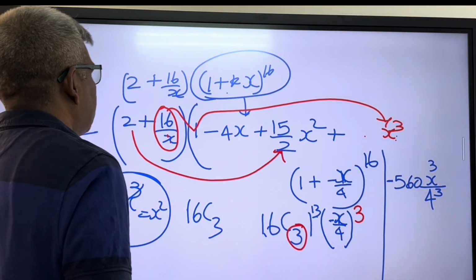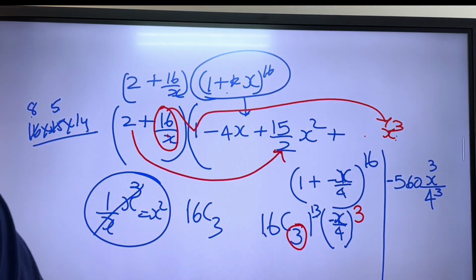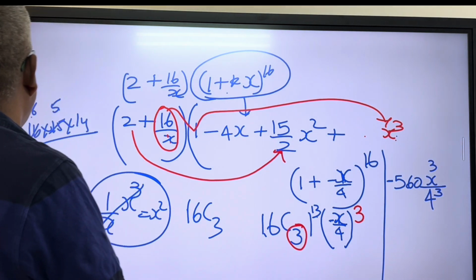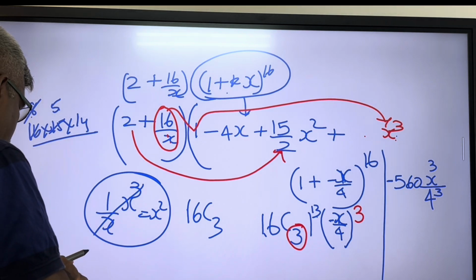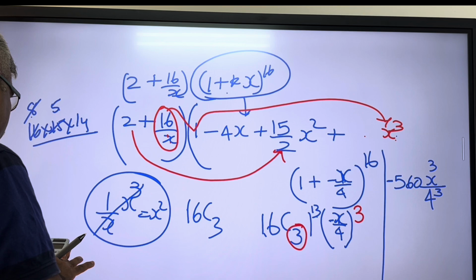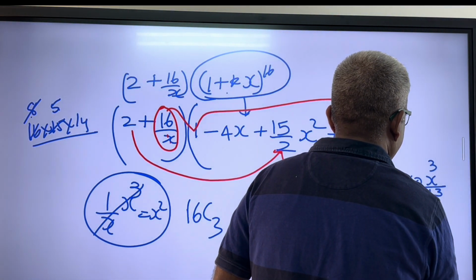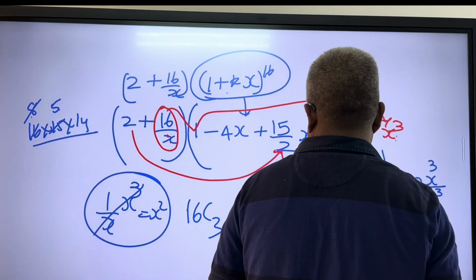Okay, so 4 cube is 64; 560 divided by 64 is 35 by 4. Minus 35 by 4 x cube, we will get it.